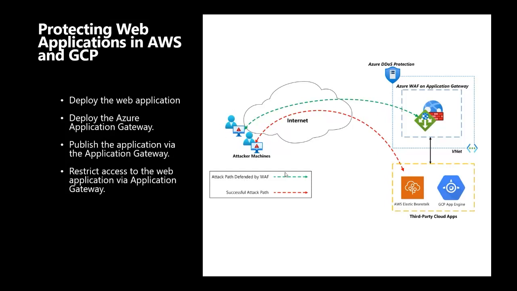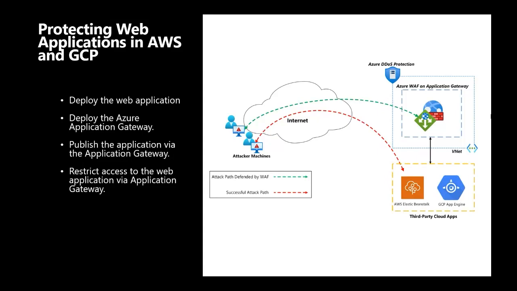So in the event that you have an attacker, of course, over the internet trying to access your application deployed in any of these other cloud environments, third-party clouds, you can protect them through the Web Application Firewall. So you can see here this particular use case whereby somebody is trying to attack these applications, but we have protection with the Web Application Firewall.